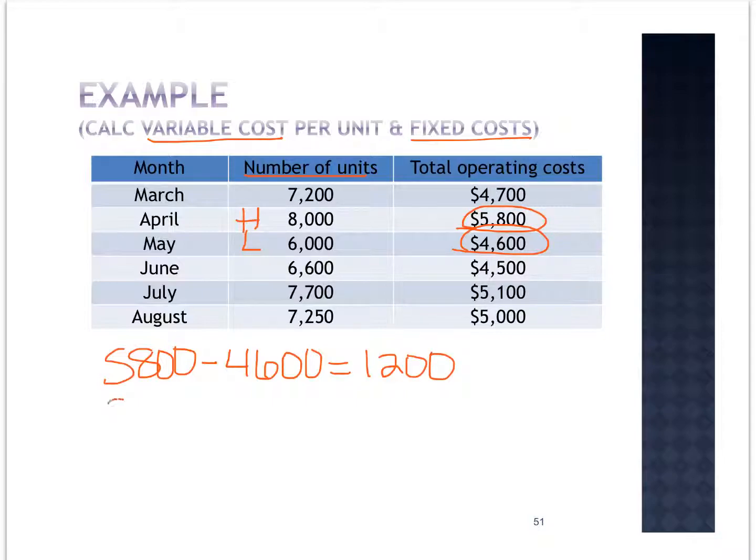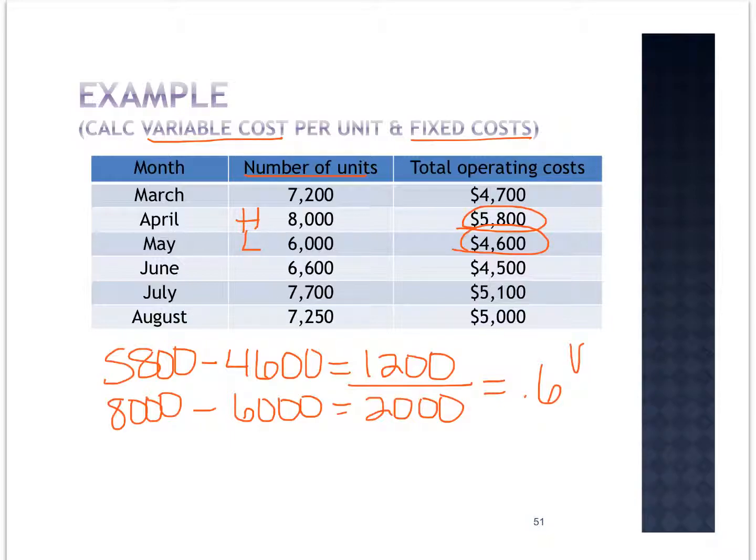So we have our high of 8,000 units, subtract our low of 6,000 units, and that gives us a change in units of 2,000. We then divide our change in cost over our change in volume, and that's going to give us 0.6. That's going to be our variable cost per unit.